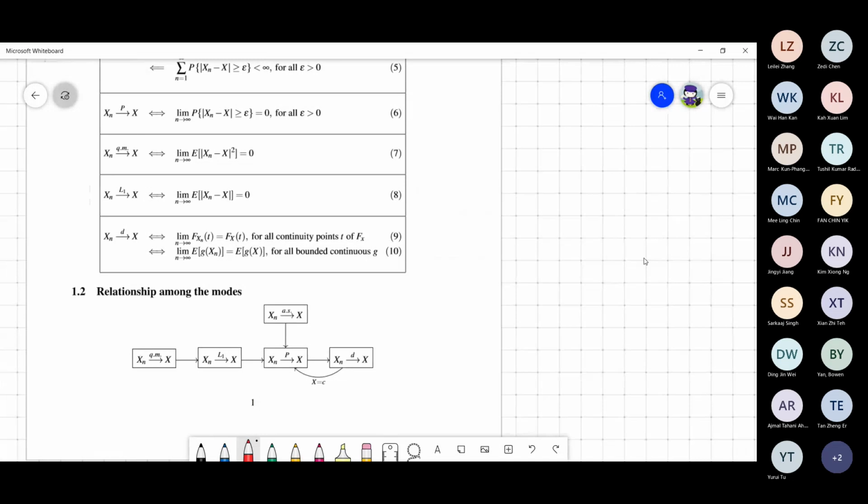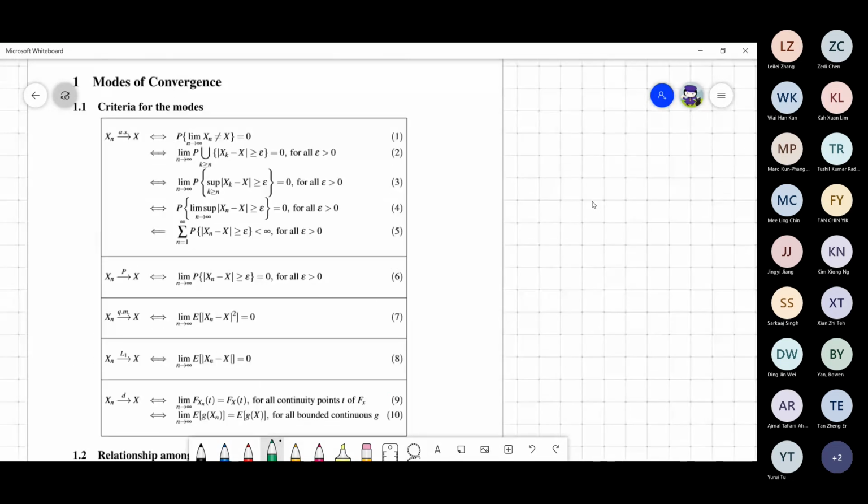And the reverse is true provided the limit is a constant C, that is, provided the limit random variable is a constant. Convergence almost surely implies P. There is no direct association between AS and QM, as well as AS and L1. Of course they do have intersections, but they are not mutually exclusive. So here's the relationship among these 5 types of convergence.